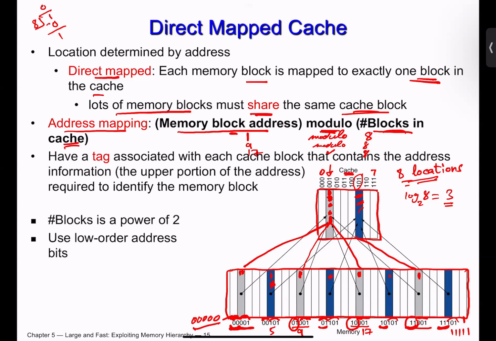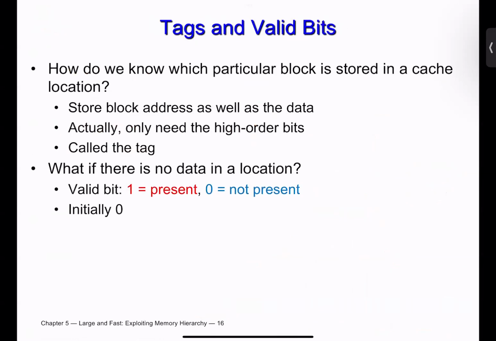For instance, I just restarted my computer. So at the very beginning I might have just rubbish in the cache. Although I might find the same exact address that I am looking for, actually there was rubbish there. That's why it would not be valid initially, at the very beginning. So this is what we have here: tags and valid bits.